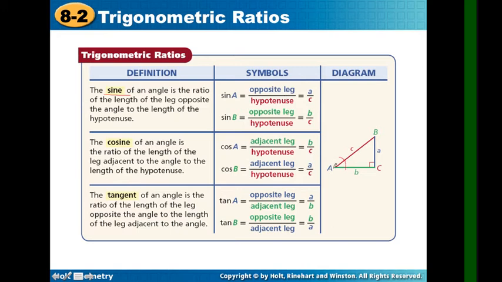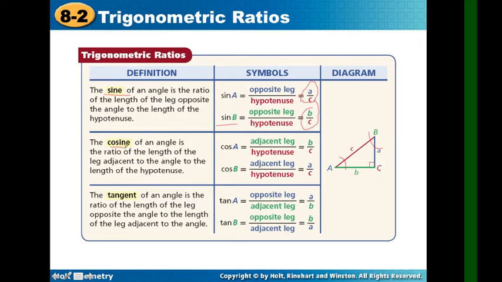So, ang opposite ng sine A or angle A is A. At ang kanyang hypotenuse, which is the longest side of the right triangle, is C. That's why sine A is equal to A over C. For sine B, the opposite leg is B and the hypotenuse is C. That's why sine B is equal to B over C.